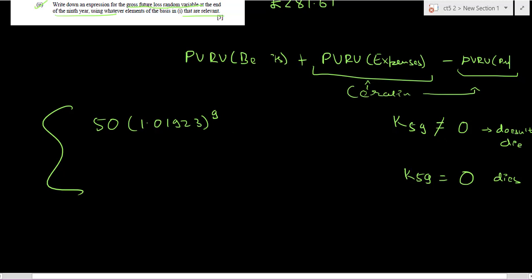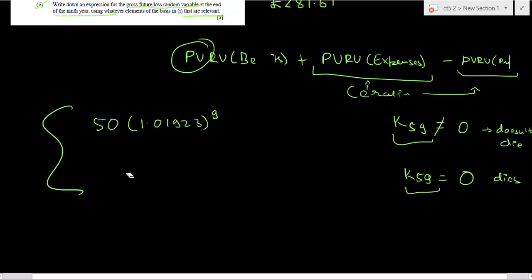This is its value. It does not need to be discounted. This is its present value, right? I'm writing the present value of this expense. So it is a certain amount. It would not depend upon what value K59 takes, right? Because this is a certain value, this amount remains certain, and it comes in both the places.